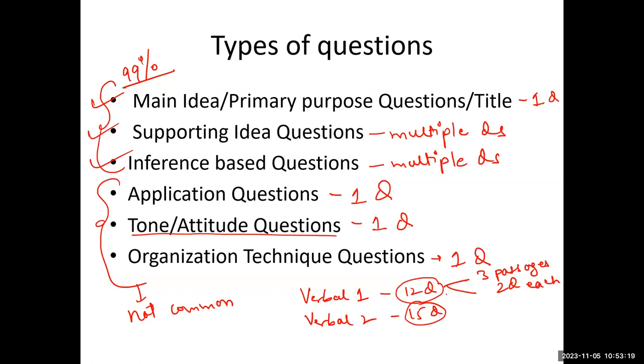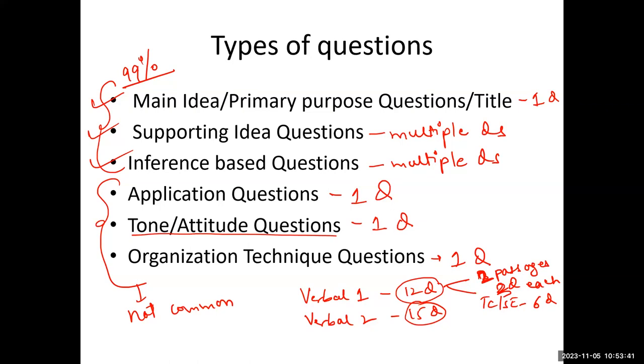That's possible. The remaining 6 questions I will give you from text completion and sentence equivalence. So 12 questions covered. Or what I can do, I can give you 2 passages, 3 questions each. That's also possible.